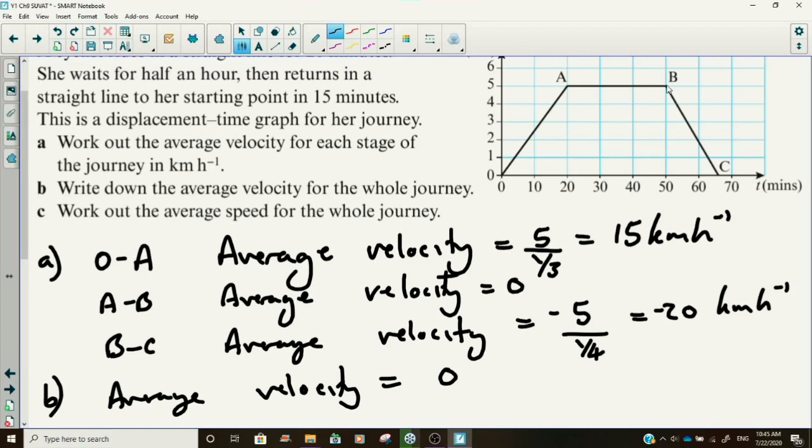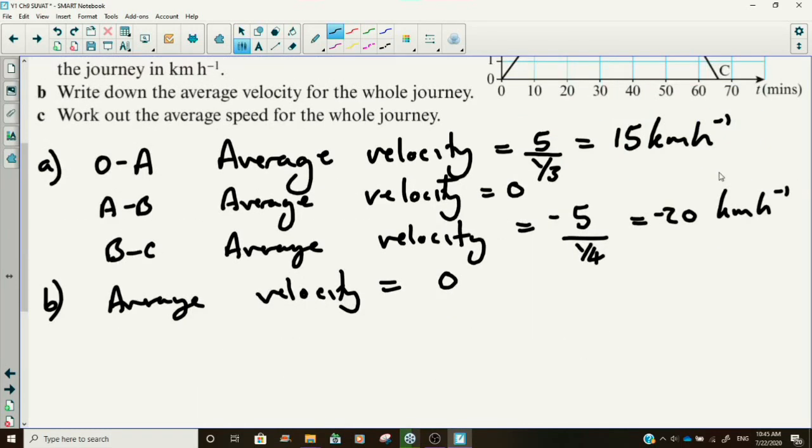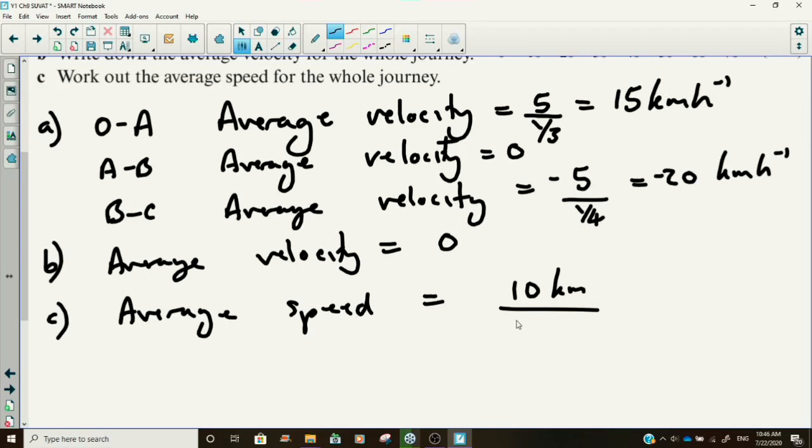So they travel another 5 kilometres to get back to the starting point, which is at point C. So we have a total distance of 10 kilometers. So this is the average speed we're working out here. So a total of 10 kilometers, and that takes 65 minutes.